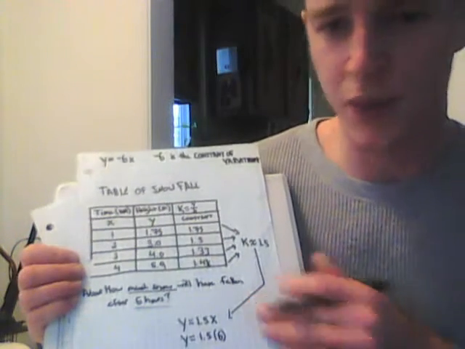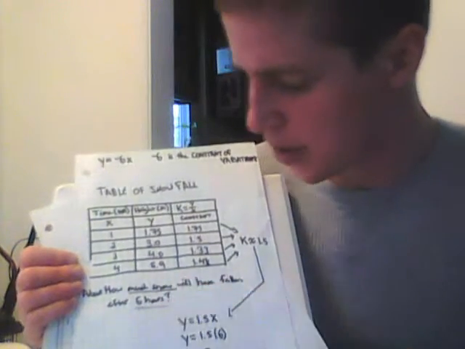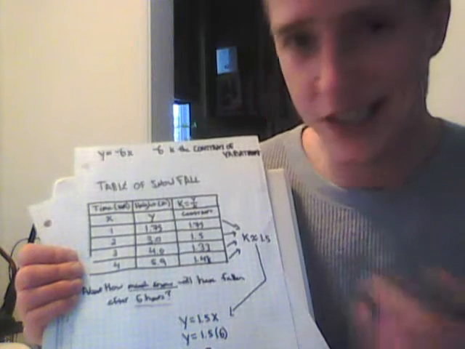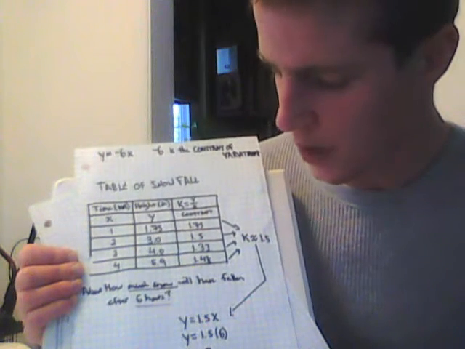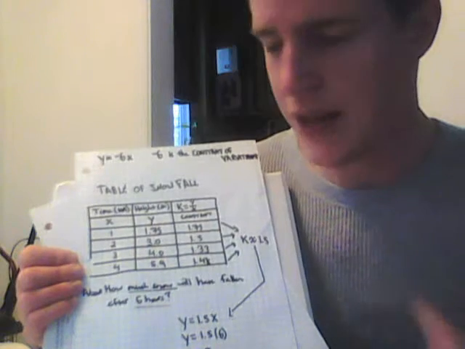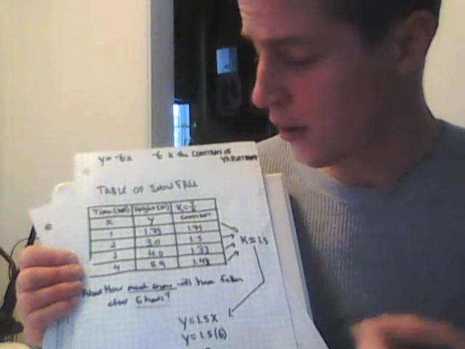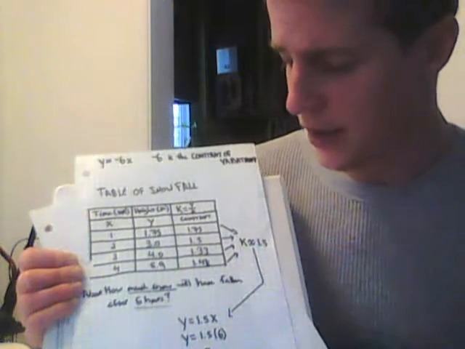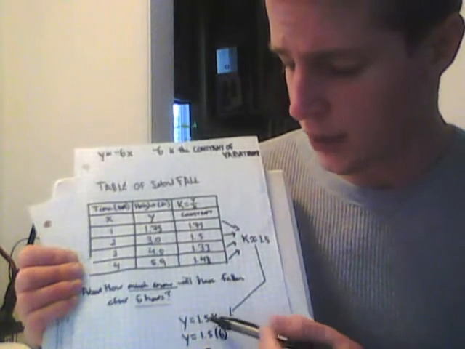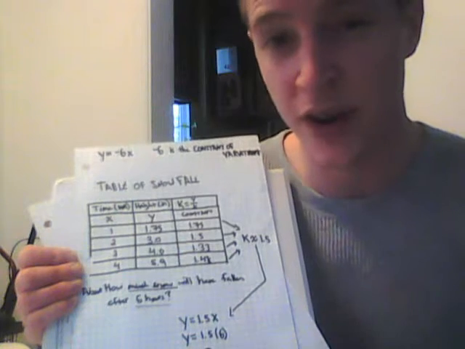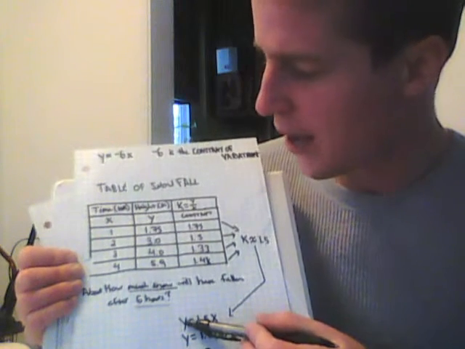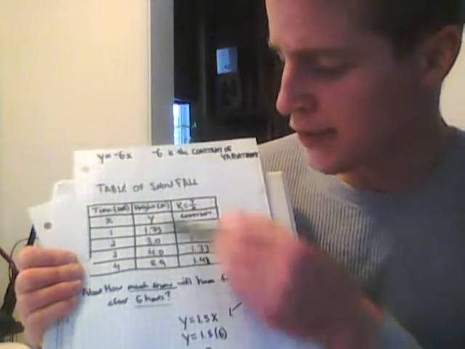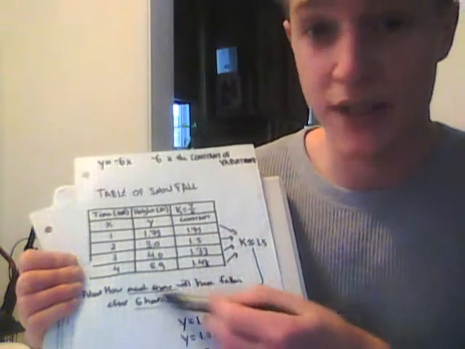So we might see some questions like this about how much snow will have fallen after 6 hours. Well, we just plug in the information where we know it should go. We said our constant of variation is about 1.5, so we would have y equals 1.5x. Like I said, the constant of variation is always the coefficient on the x. So y represents the height in inches of snow, and that's what we want to find out, right?